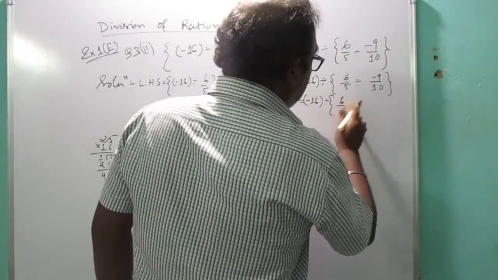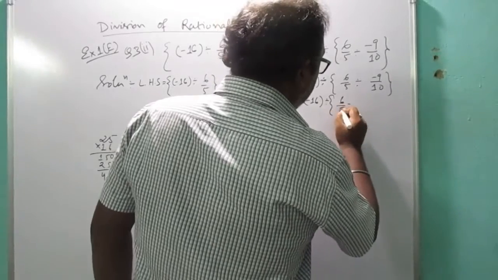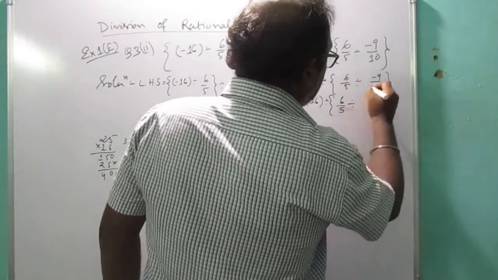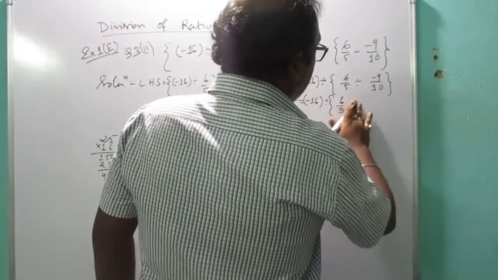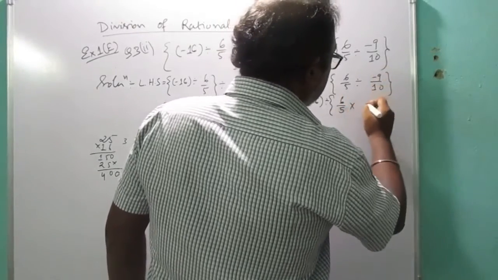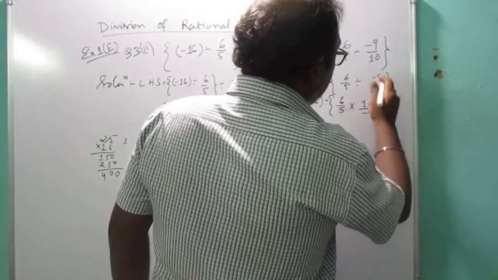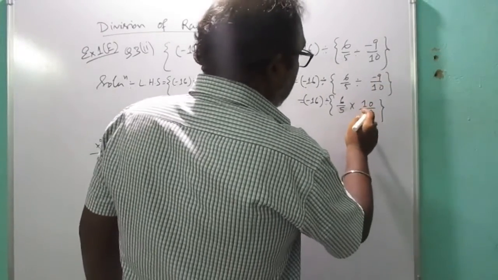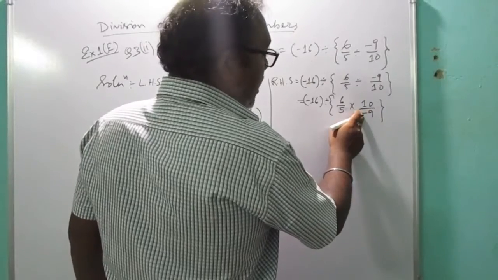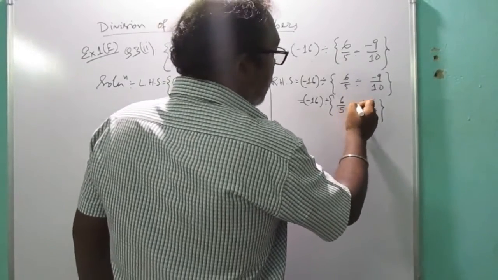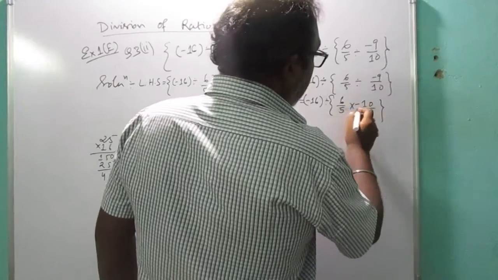Minus 16 divided by 6 by 5 divided by, now we have to convert this division into multiplication by reciprocating minus 9 by 10. As the denominator is negative, we have to make it positive by giving the numerator a negative.